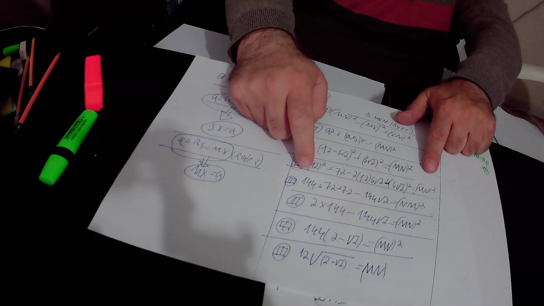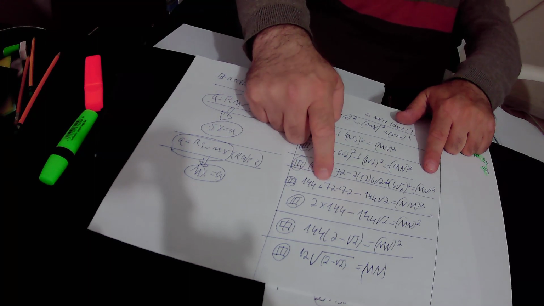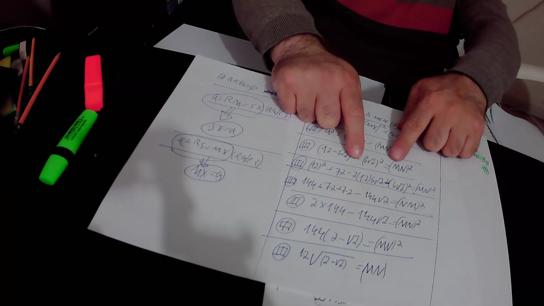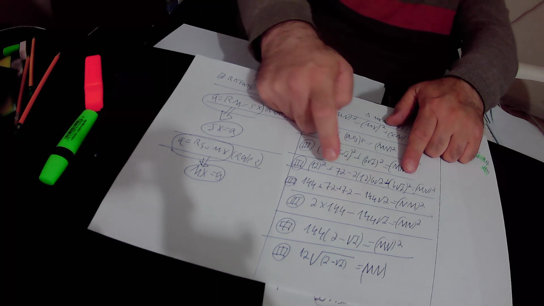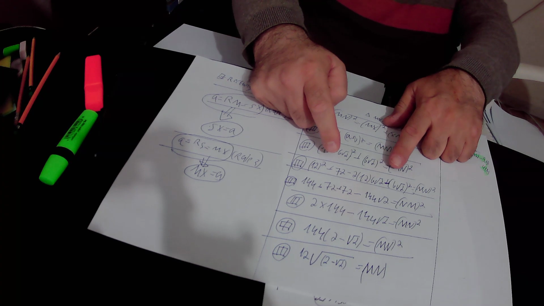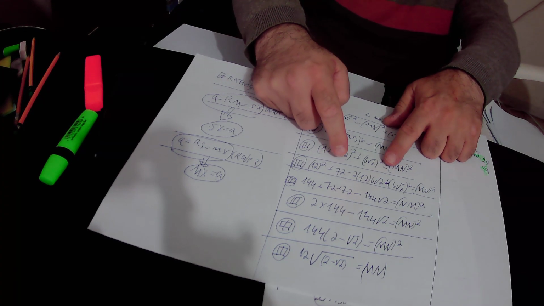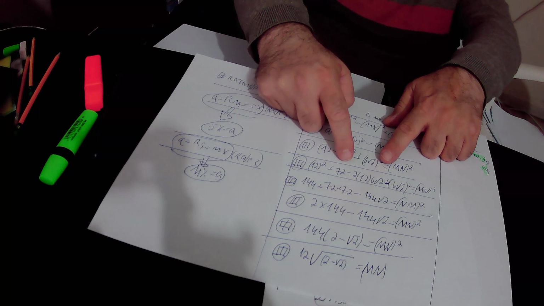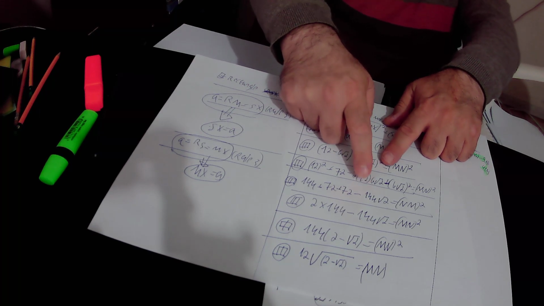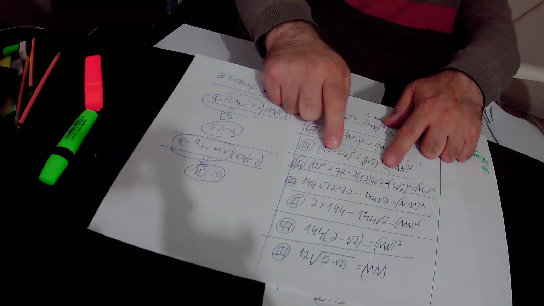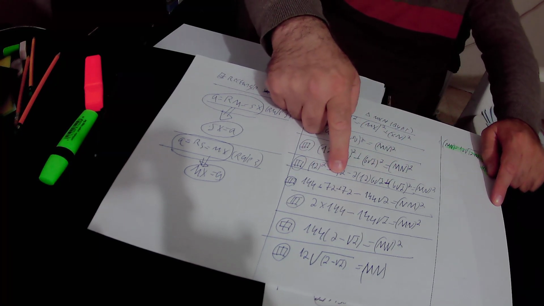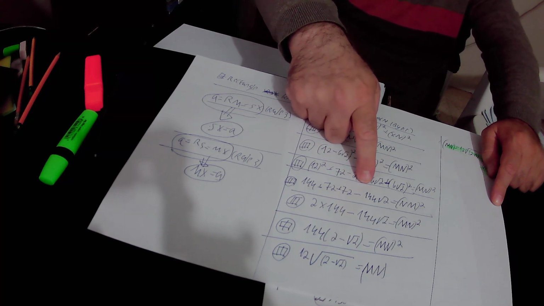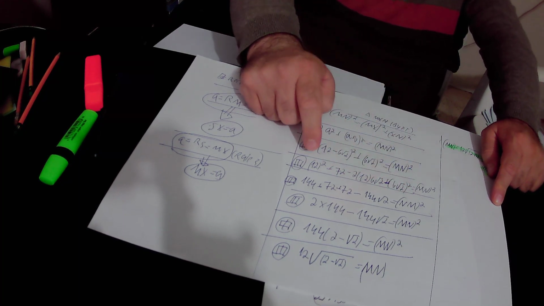So 12 square is 144, here is 72, and here 6 times square root of 2 squared is also 72, minus 2 times 12 times 6 is minus 144 times square root of 2. So we found that 144 plus 72 plus 72 minus 144 times square root of 2 equals MN square.